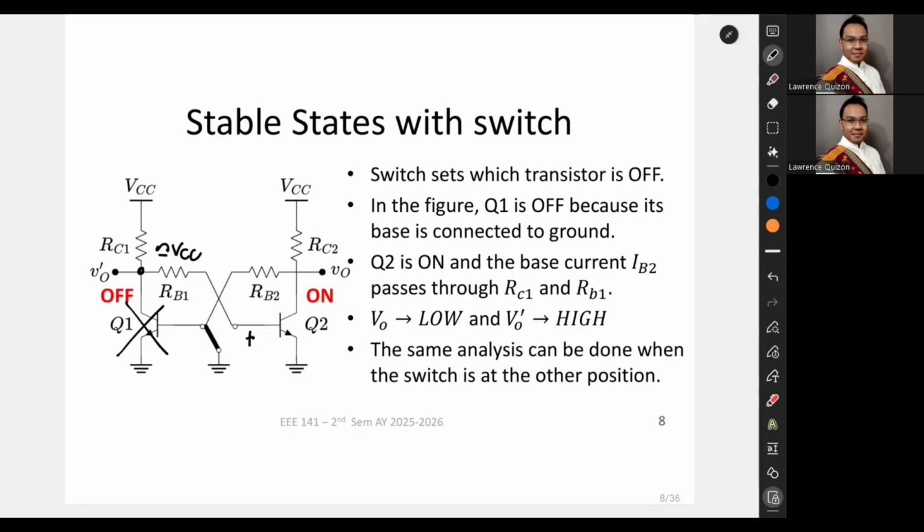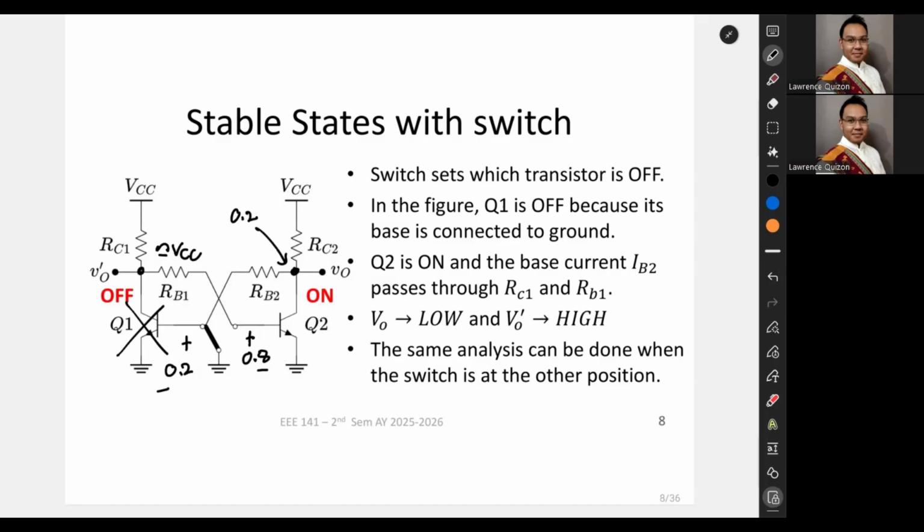So this would become 0.8. On means deep in saturation for the purposes of switches. So then this becomes 0.2 at the collector. And so we have a stable state because this being 0.2 means that this cannot be above 0.8. And in fact, there is no base current, so this becomes 0.2 exactly as well.